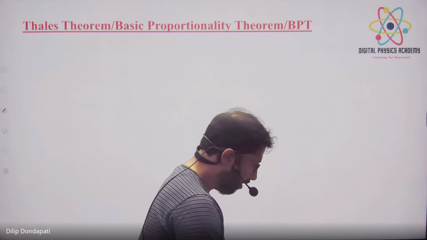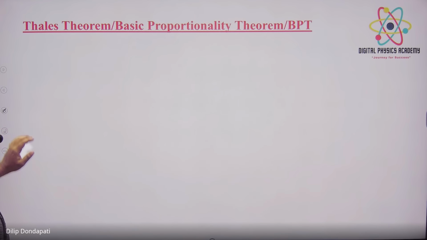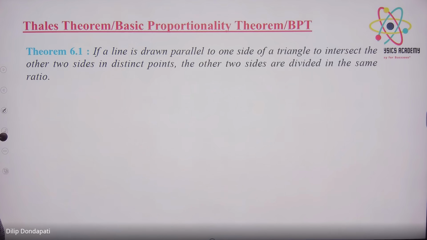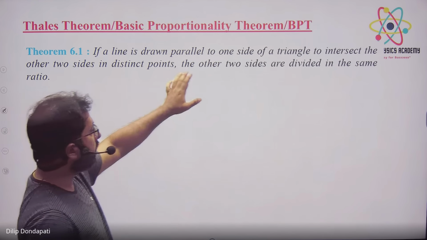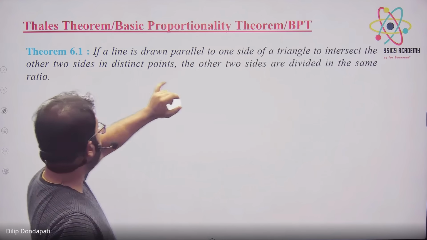Chalo. So what does Thales theorem say? If a line is drawn parallel to one side of a triangle to intersect the other two sides in distinct points, the other two sides are divided in the same ratio.